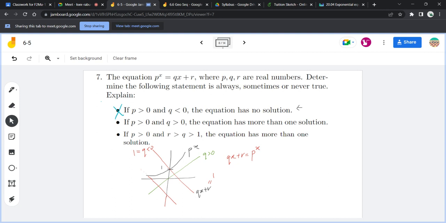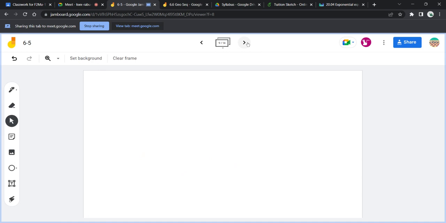Okay, so I will open the next page. So we have p larger than 0, q larger than 0. The equation has more than one solution. So let me write.